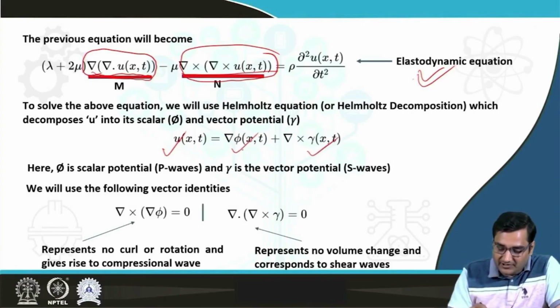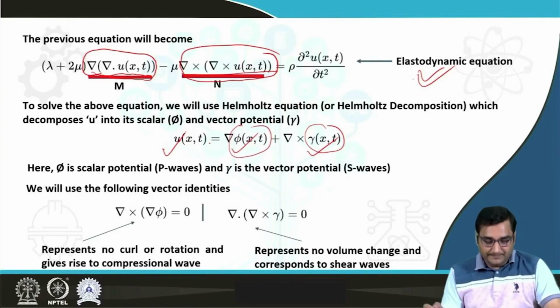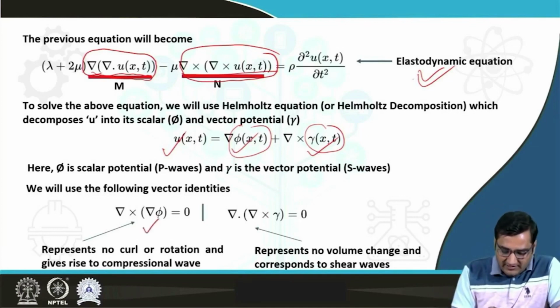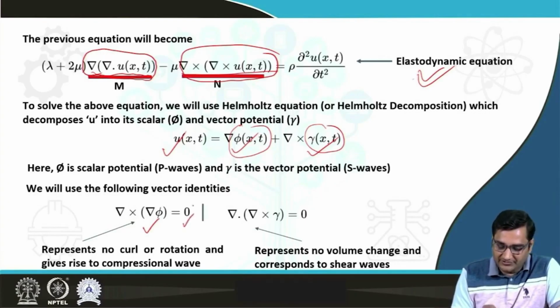Here the vector potential is epsilon x,t, and the scalar potential is phi x,t. Now we are going to use the other two quantities that we just saw when we began this lecture: the curl of the gradient of a scalar field is 0, and the divergence of the curl of a vector field is 0.